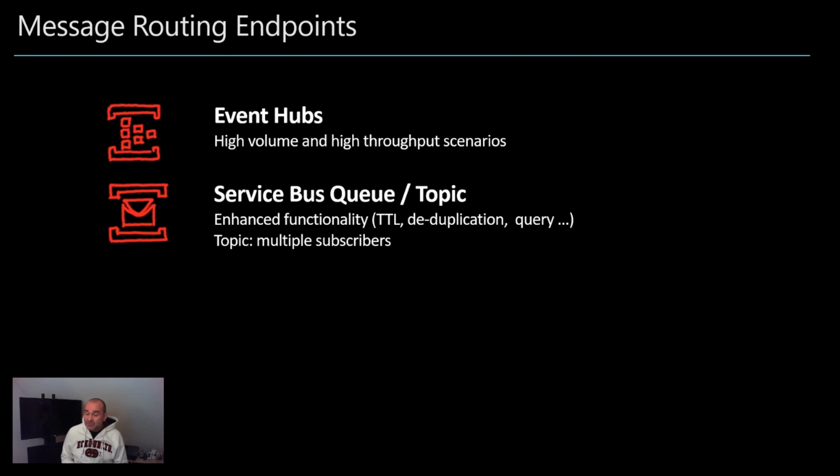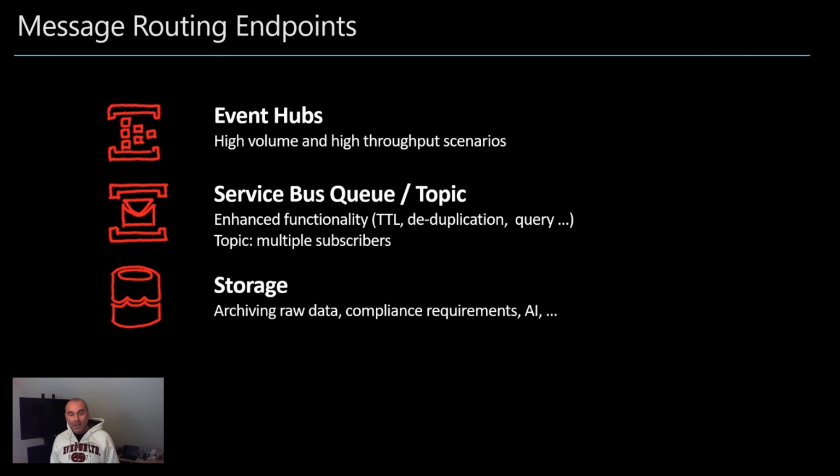If you now forward this message to a Service Bus queue or a topic and you have a time to live defined, Service Bus helps you, after the time to live for this message has expired, to route it maybe to a different queue where you can have a different listener and then implement the escalation alerting functionality based on that Service Bus queue or topic.